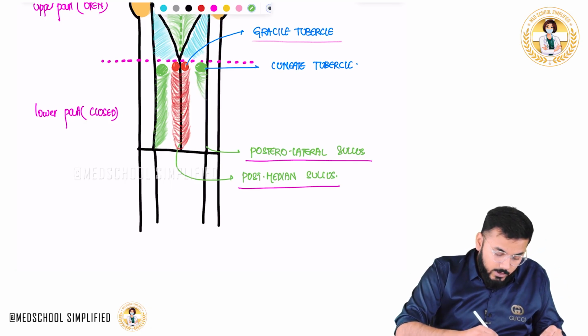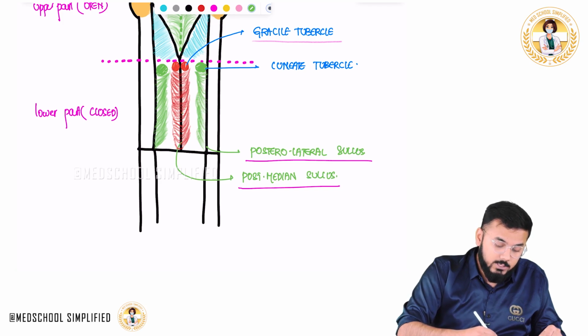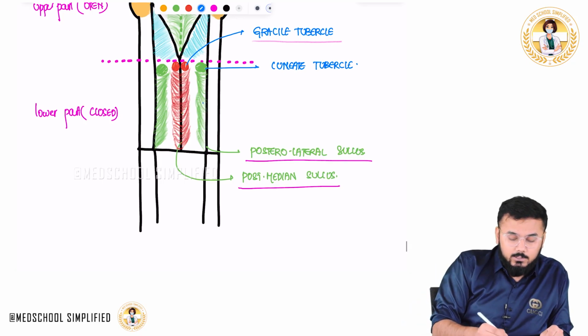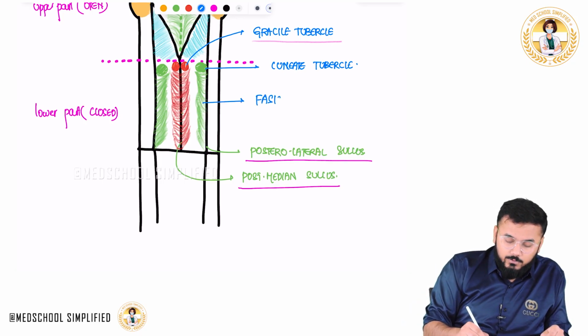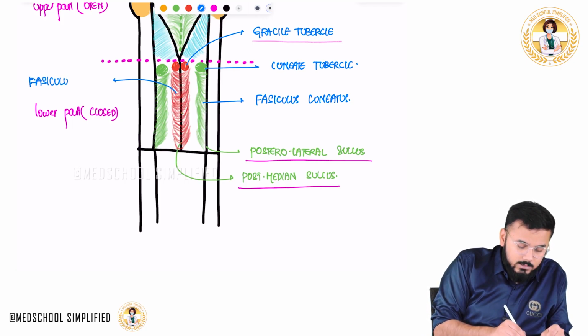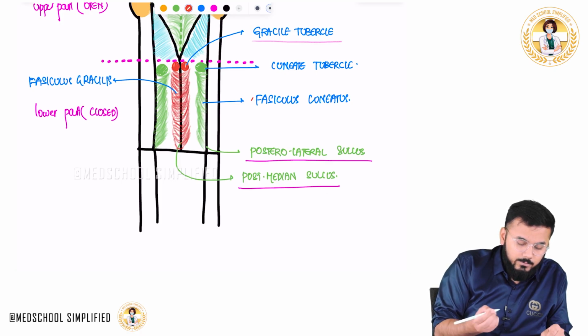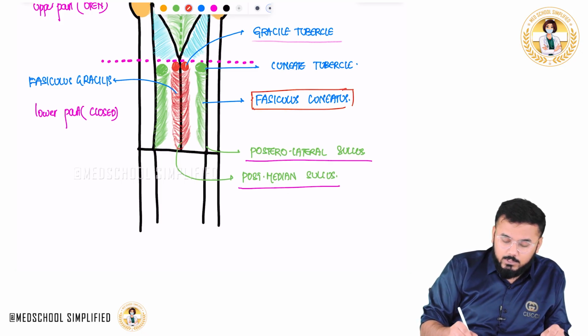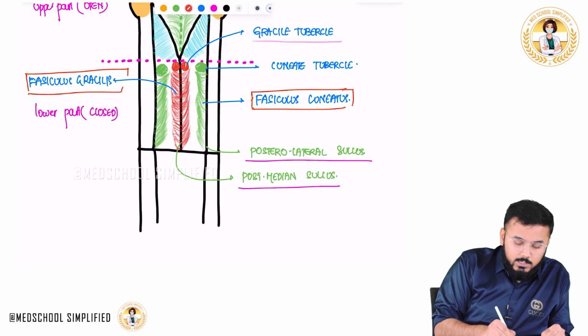So the swelling just beneath this green tubercle is called the fasciculus cuneatus. And this red color swelling is called the fasciculus gracilis. So we have the fasciculus cuneatus and the fasciculus gracilis.